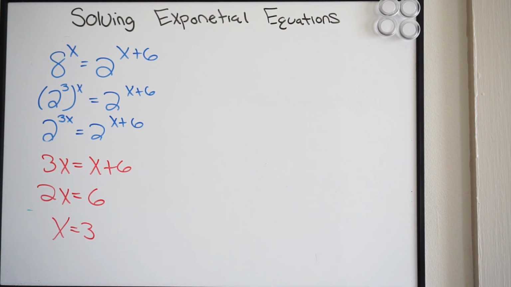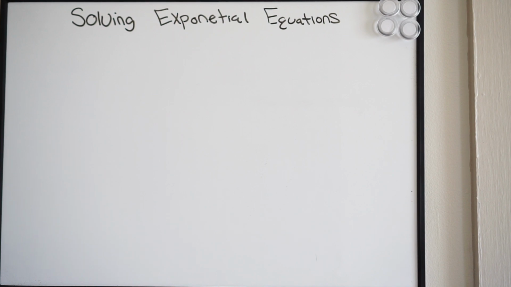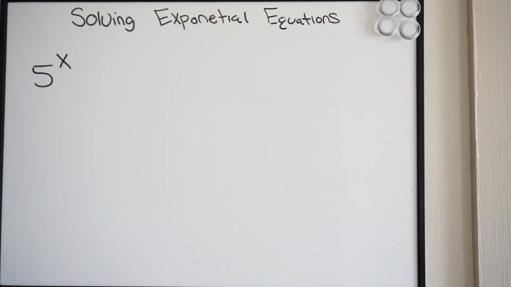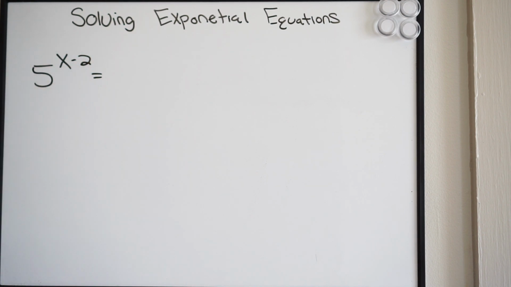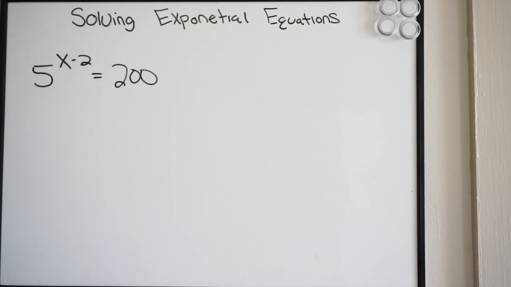So the next one, we will have 5 to the x minus 2 equal to 200. So here we go.